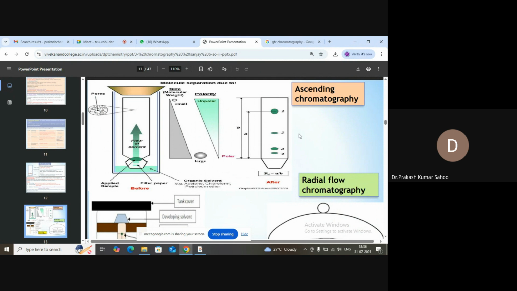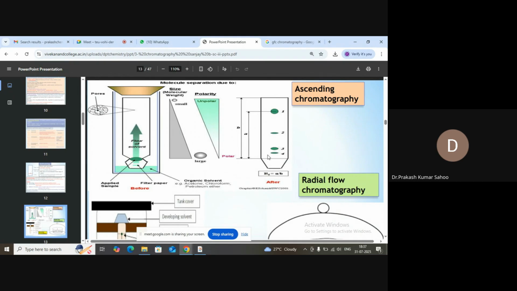So just see here, B is the total distance traveled by the mobile phase, and A is the distance traveled by component 1. So what is the retention factor? Distance traveled by the component divided by distance traveled by the solvent.